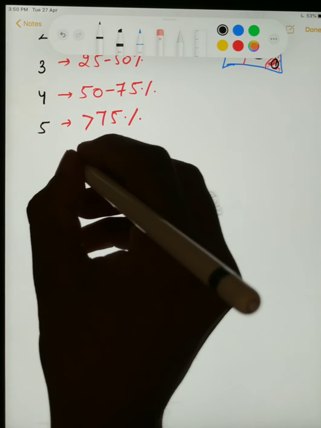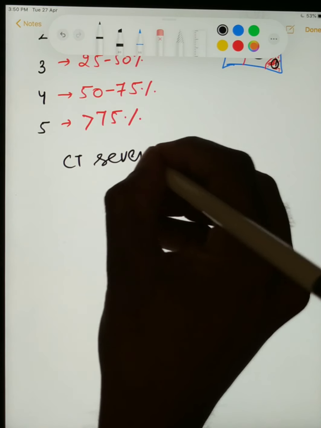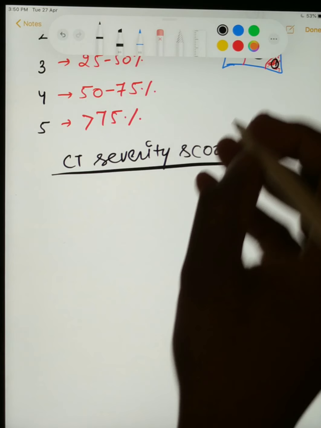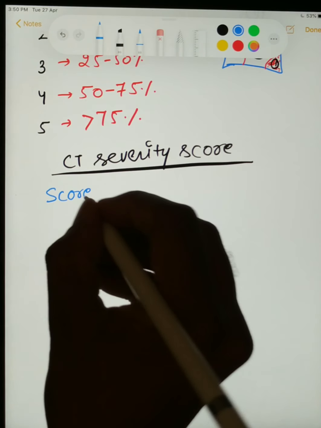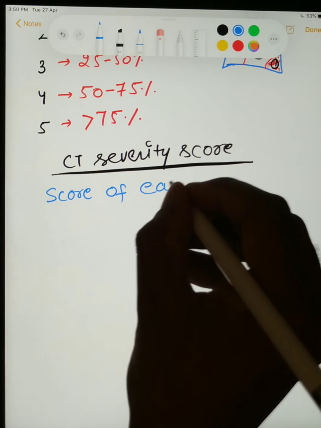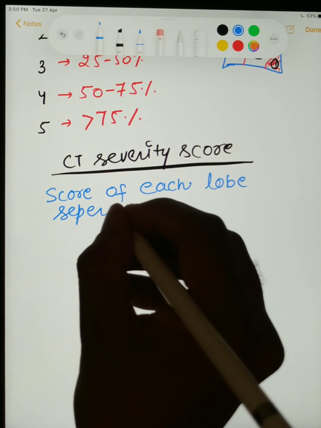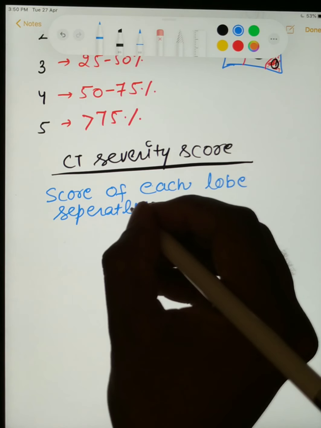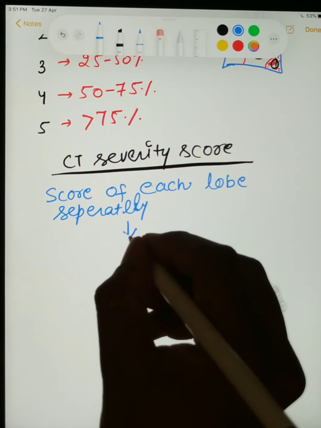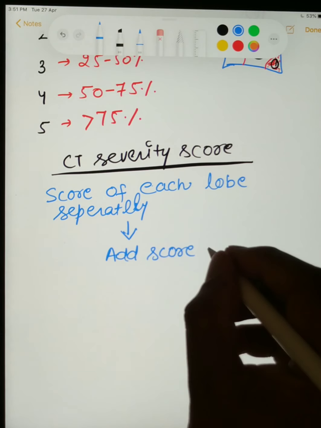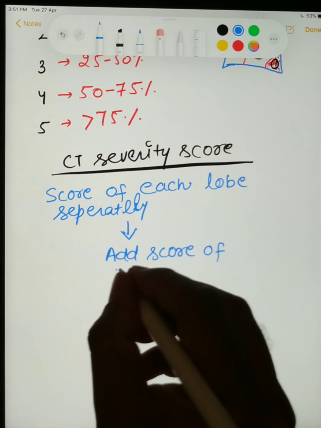So in CT severity score, we calculate the score of each lobe separately. Then we add the score of each lobe.